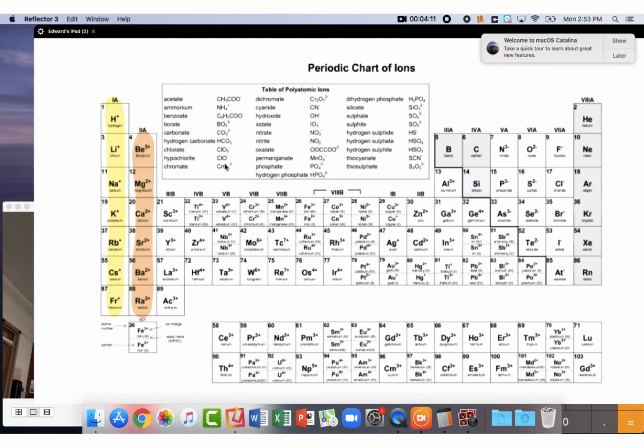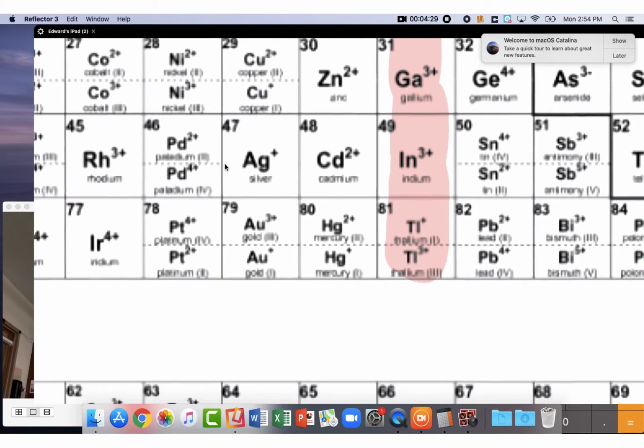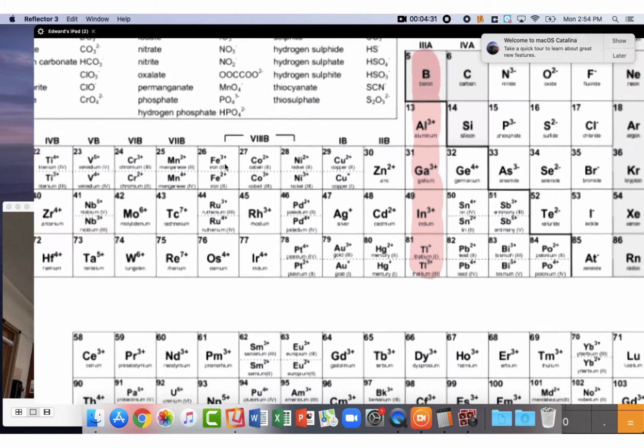Most of them are plus 3. B is actually plus 3. It's not written on there for some reason. Aluminum plus 3, Ga plus 3, In plus 3. And you get down here, and that one could have a charge of either plus 1 or plus 3. So it does start to vary a little bit.